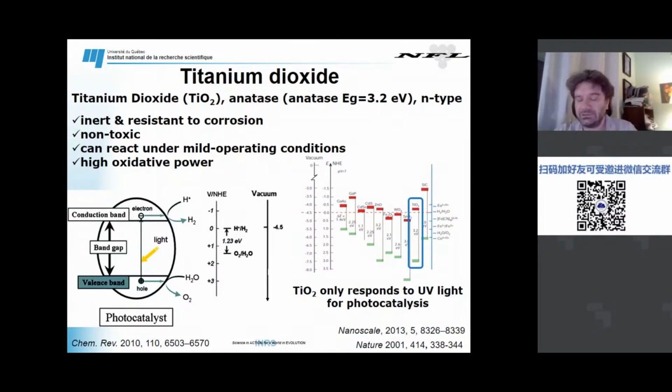So you need to sensitize this material with something else that is able to capture photons from other regions of the solar spectrum, visible, infrared, near infrared, and capture them and transform them into charges. Typically, any material that has a band gap can capture a photon.